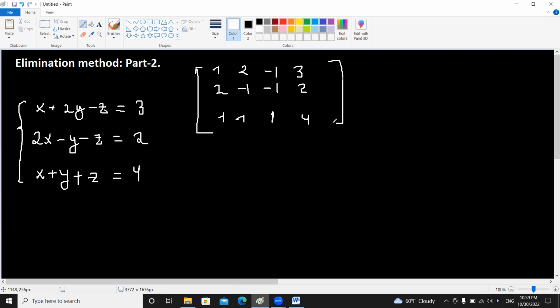So what we have here, actually, the first column represents the coefficients of x. The second column are the coefficients of y. And the third column are the coefficients of z. And we have the constant terms from the right side.